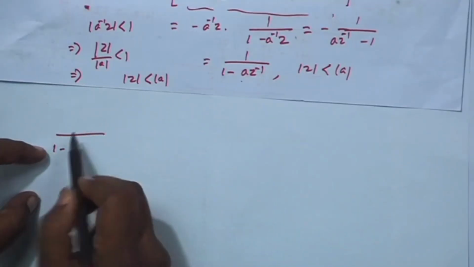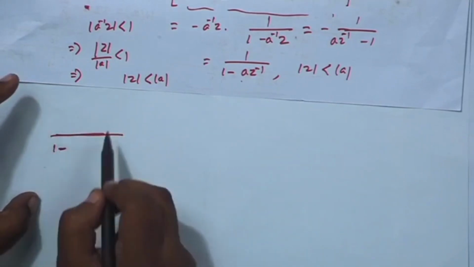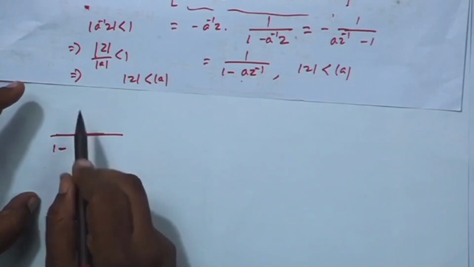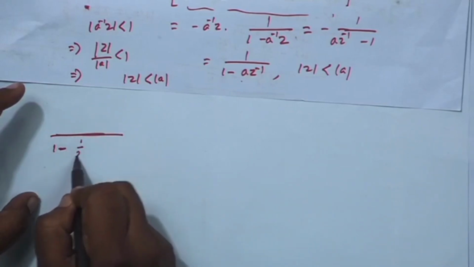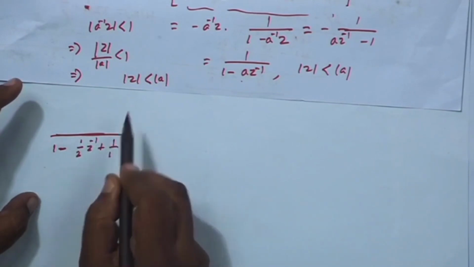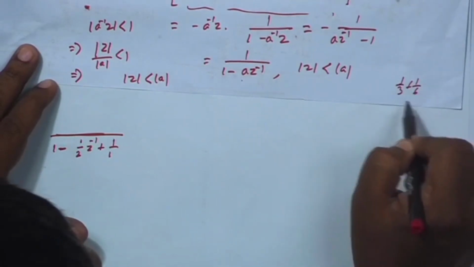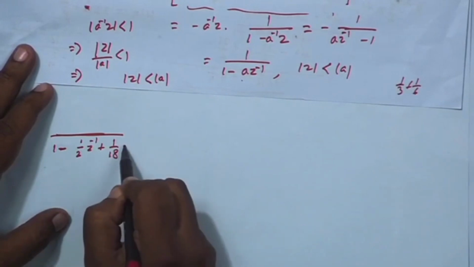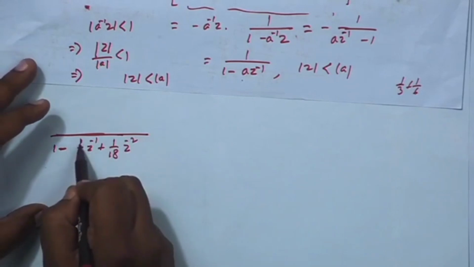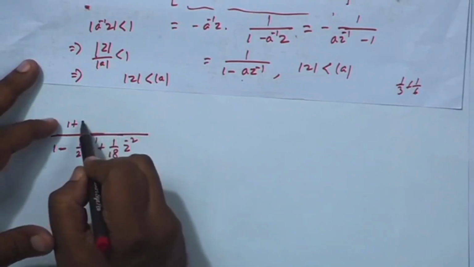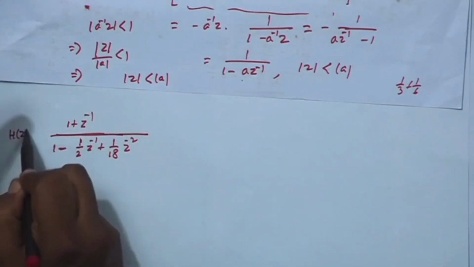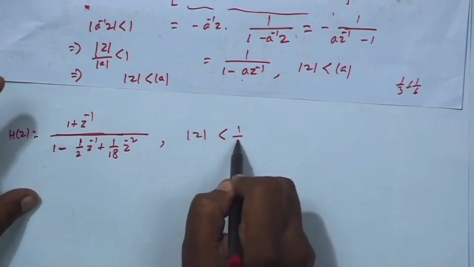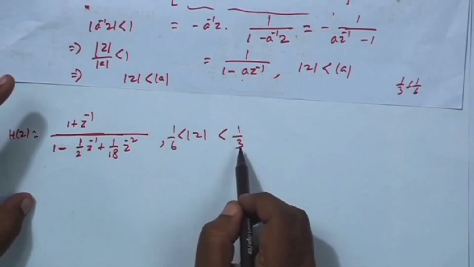Now, suppose I have got one expression, this is given to you, and the ROC is given as an outer circle of radius 1 by 3 and an inner circle of radius 1 by 6.